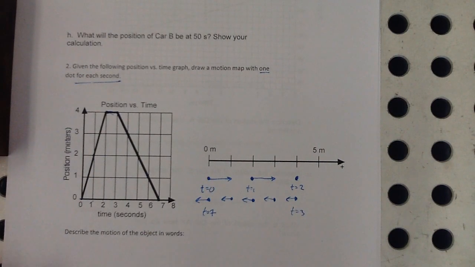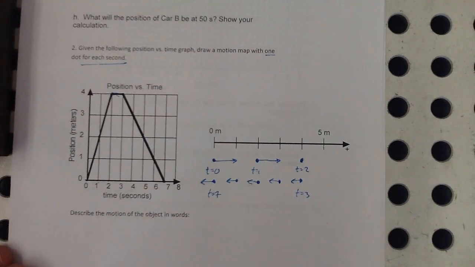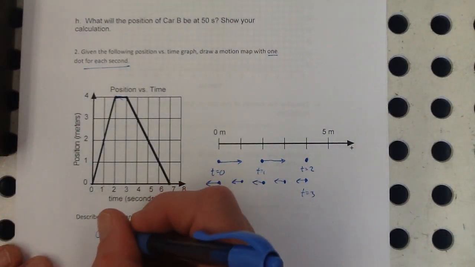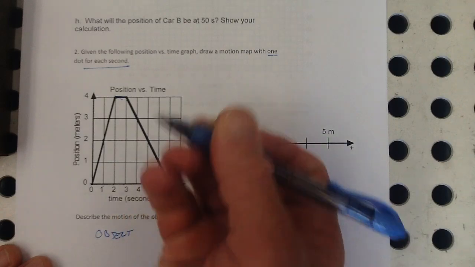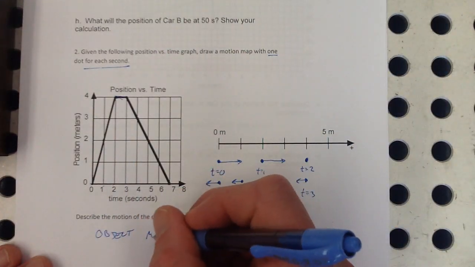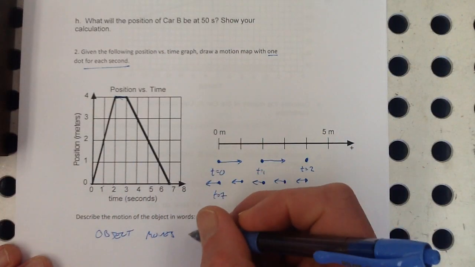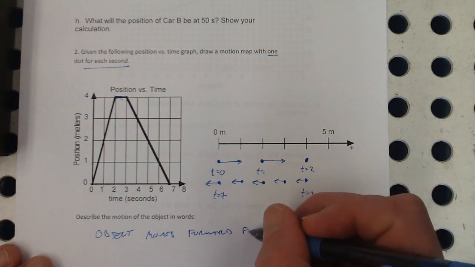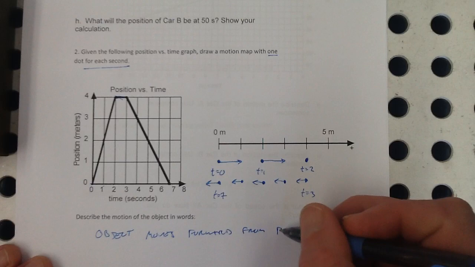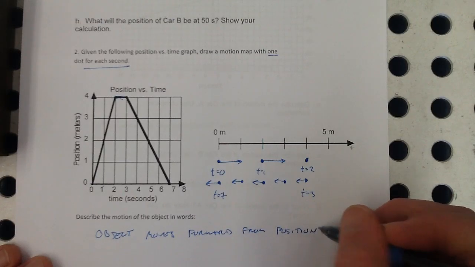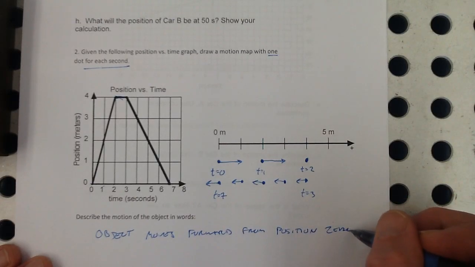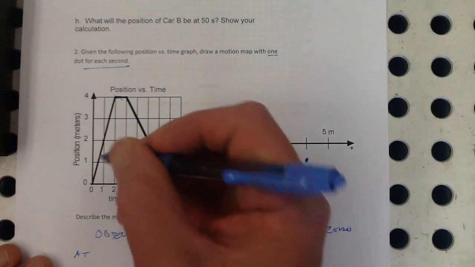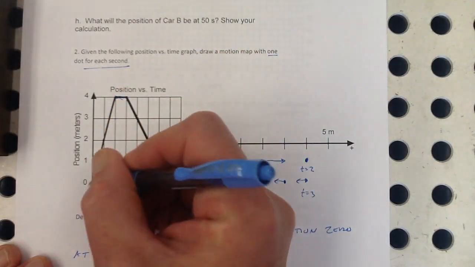Okay. Describe the motion in words. We'll say the object, whatever it is, moves forward from position 0 at 2 meters per second.